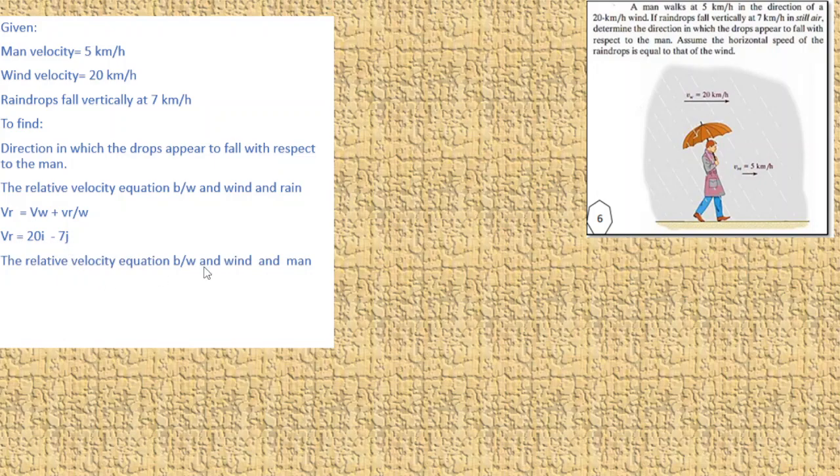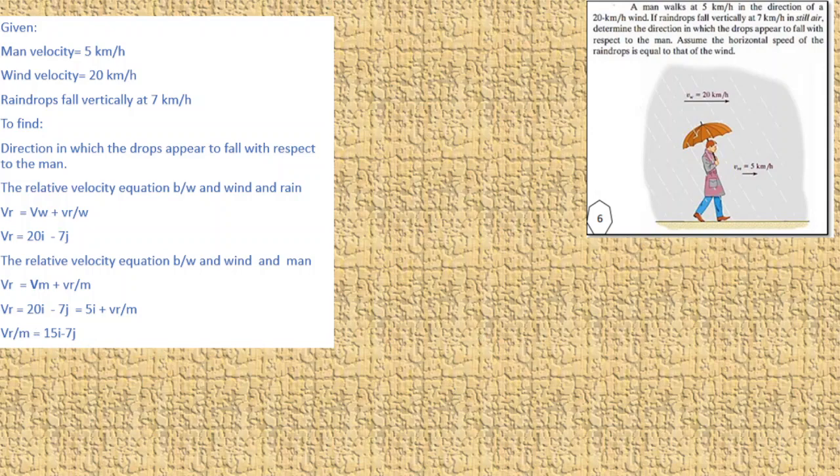The relative velocity equation between the rain and the man is given by V_R equals V_M plus V_R with respect to M. So we can substitute the values simply. After this, we can rearrange this equation and we get the relative velocity of the raindrop with respect to the man as 15i minus 7j.